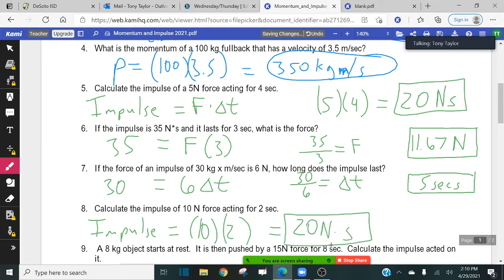So usually when we write down the units for impulse, we write it in terms of Newton seconds, and we tend to use kilograms meters per second for the units for momentum. But again, you can use those units interchangeably because there's a direct relationship between impulse and momentum.